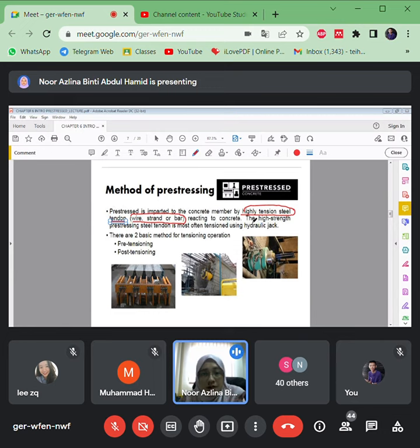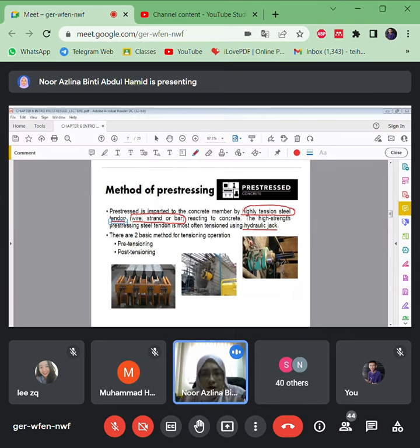Also, it needs equipment, especially hydraulic jacks here, in order to stretch, in order to pull out the steel reinforcements in the concrete.